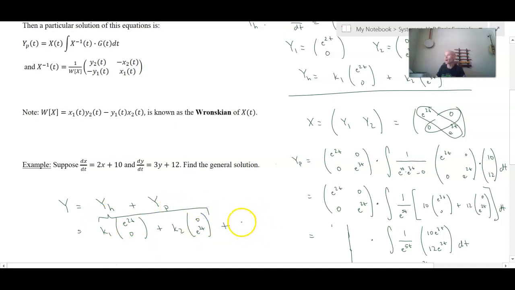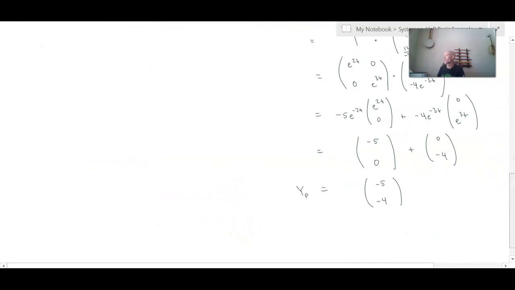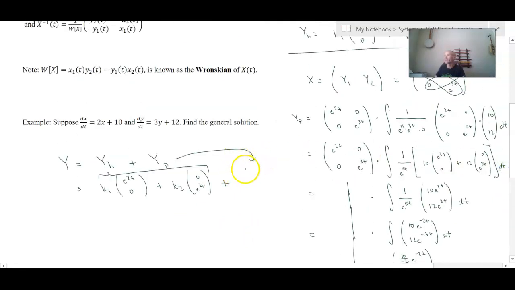And then plus our y particular. So what's the y particular? Well, that's this nice, neat constant vector consisting of -5, -4. Now, these are just the general solutions for x of t and y of t. I'll put the of t notation in there just to indicate these are the solutions.